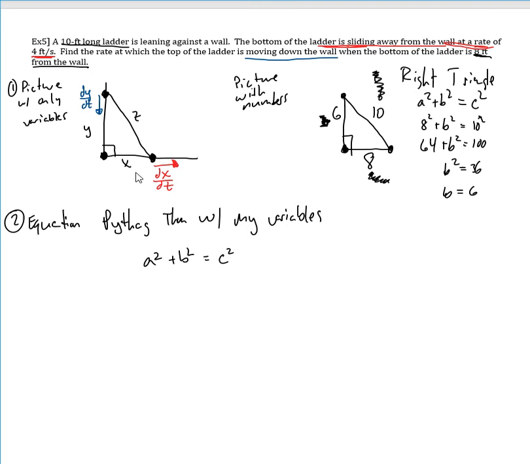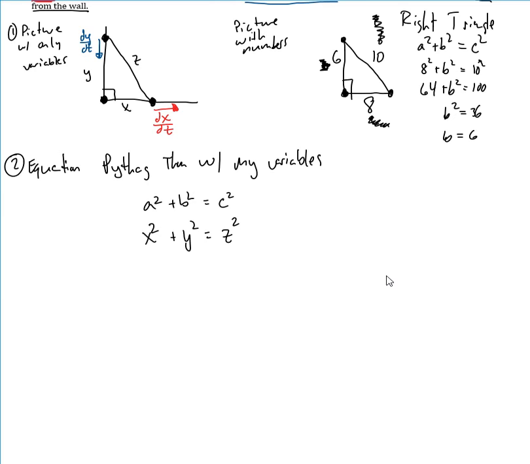But let's use the variables. I'm using x. So x squared plus b we'll say is y. So y squared equals c, which we'll say is z. So we'll have x squared plus y squared equals z squared. So this is an equation that relates all these letters. All right, so that's usually the main one that we use with links for right triangles.